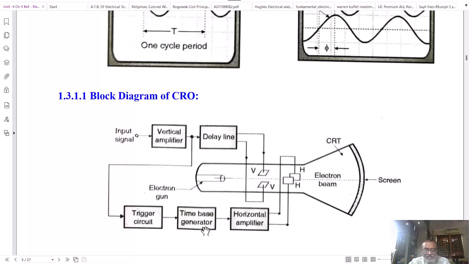Here, if you see the circuit block diagram, the input signal is applied via the channel connection to a vertical amplifier. The vertical amplifier's function is to amplify the input signal amplitude, and it basically provides us the facility of volts per division setting.